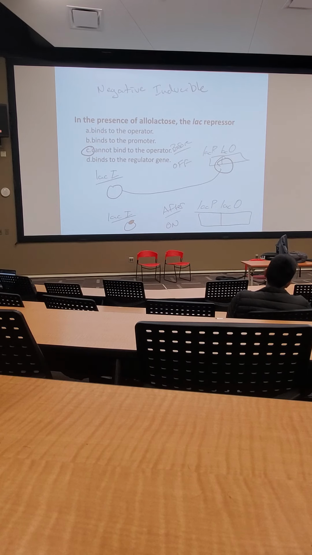The negative got me that the regulator was physically attached to the DNA in the off conformation. So then all that leaves is the allolactose. I don't even have to know allolactose is the inducer, but I know if it's present, it likely is the inducer. So now it's binding to the regulator, and the regulator is not binding to the operator. Does that make sense?